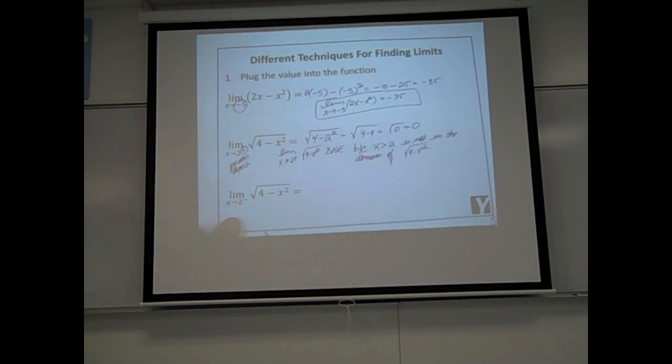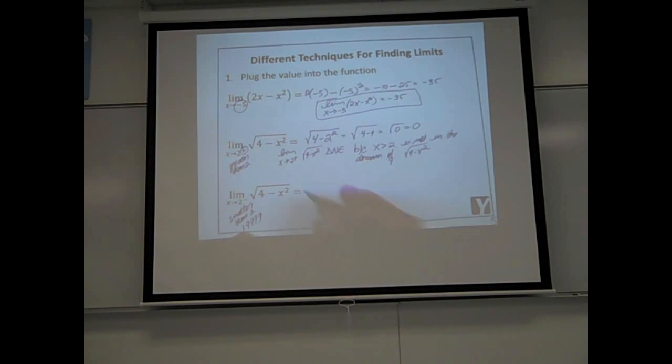Okay? So, let's go to this last one. We have the limit as x approaches 2 from the left of the square root of 4 minus x squared. Here we want to be thinking about small numbers. Numbers that are smaller than 2. Just a little bit smaller than 2. For example, 1.9999.